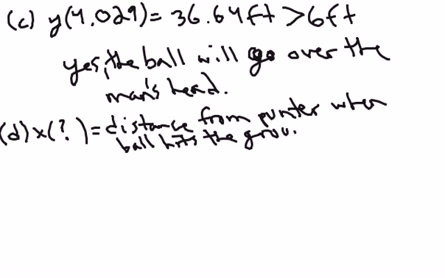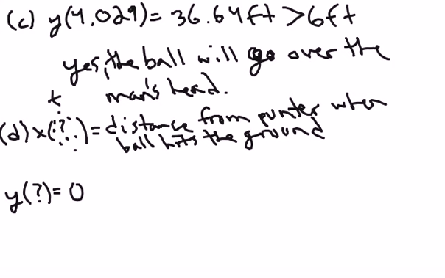So in order to answer this question, to find the distance from the punter when the ball hits the ground, I need to find this guy first, this t value, right? So I'm going to use a very similar strategy as last time. I know that I'm interested in y of some t value equaling 0.